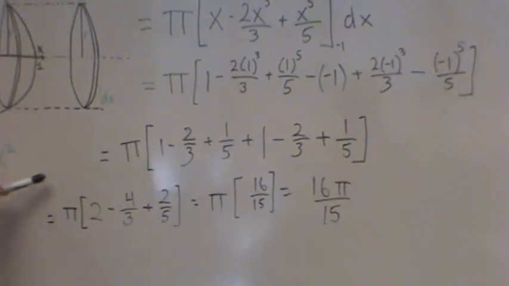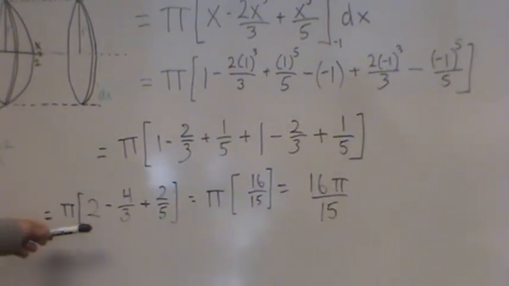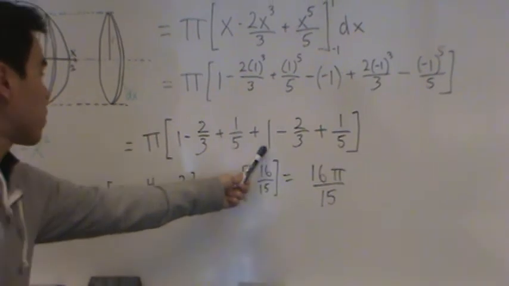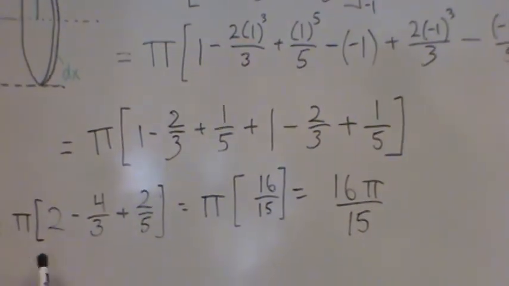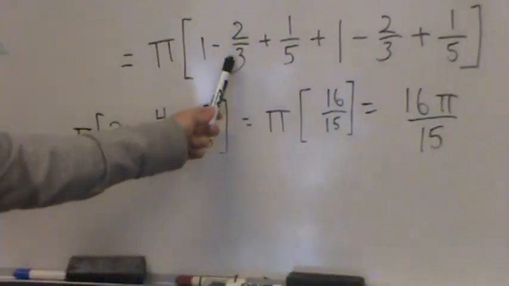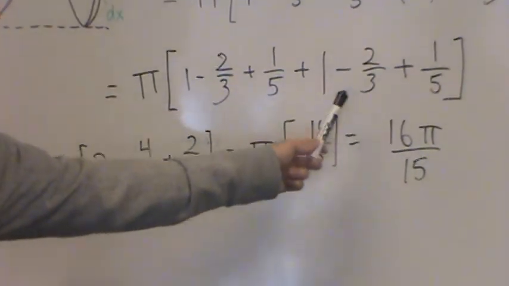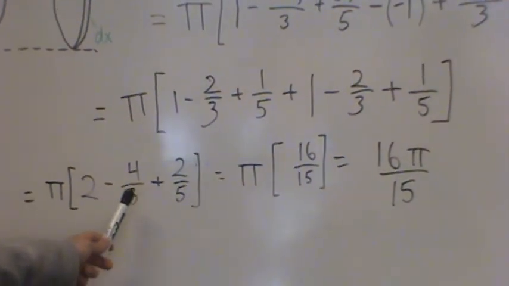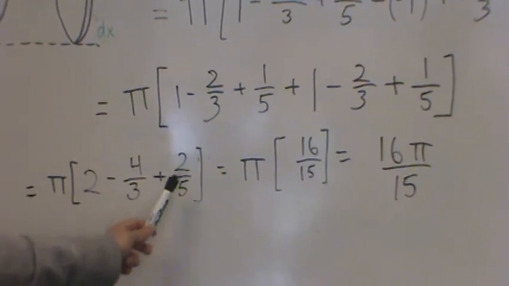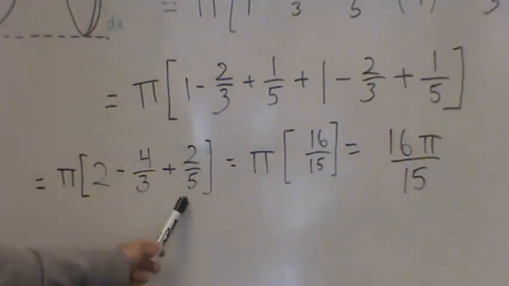Then we simplify that, and we get pi times 1 plus 1 is 2, minus 4/3, because -2/3 minus another 2/3 gives us 4/3, and then 1/5 plus 1/5 equals 2/5.